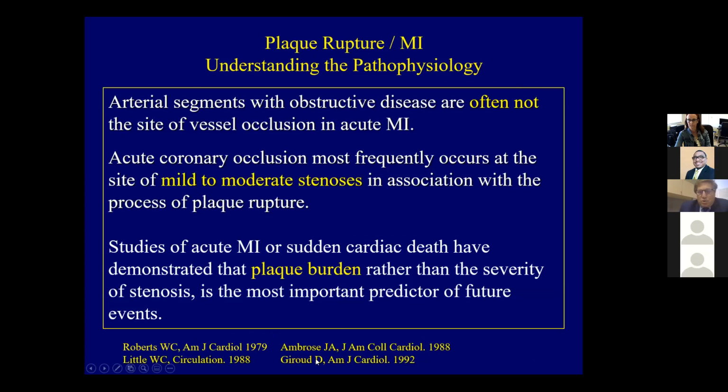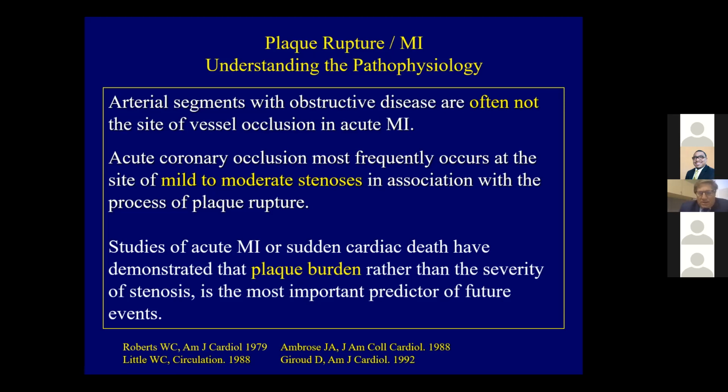Data that goes back to autopsy data from the 1970s and 80s shows that with acute myocardial infarction, arterial segments with obstructive disease are often not the site of vessel occlusion. Acute coronary occlusion occurs most frequently at the site of mild to moderate stenoses in association with the process of plaque rupture.